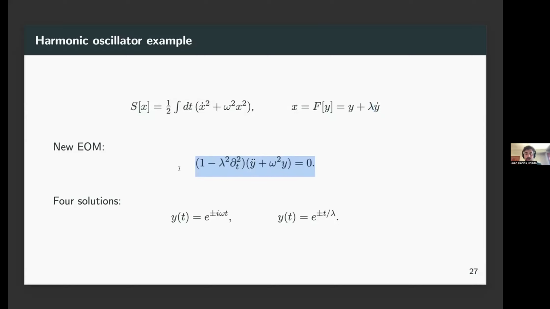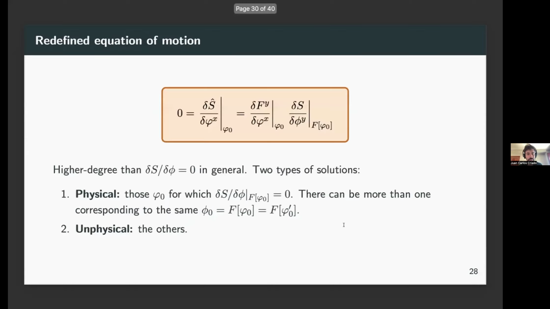Then the equation of motion of the redefined theory does not only have the two original solutions that you could get in perturbation theory, which are oscillating, but you also get two new solutions, which are clearly not perturbative in lambda, right? They are exponentials of plus or minus t over lambda. So you can expand that in powers of lambda. So there are new solutions to the equation of motion if you have this kind of field definition and you don't take care of doing perturbation theory.